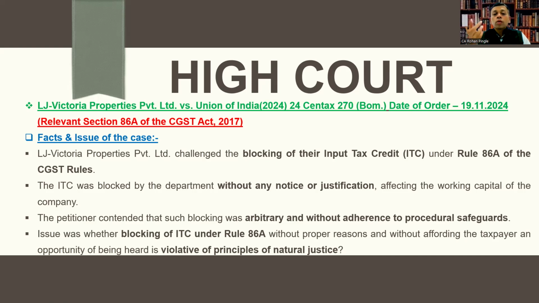The ITC was blocked by the department without any notice or justification, affecting the working capital of the company. Very much important. Blocking of input tax credit will definitely affect the working capital of any business. The petitioner contended that such blocking was arbitrary and without adherence to procedural safeguards. This was the contention of the assessee.